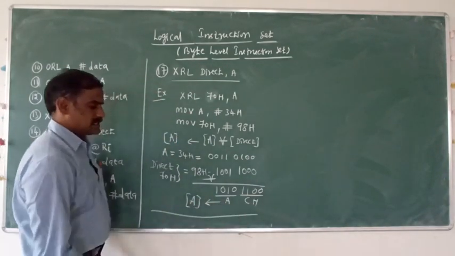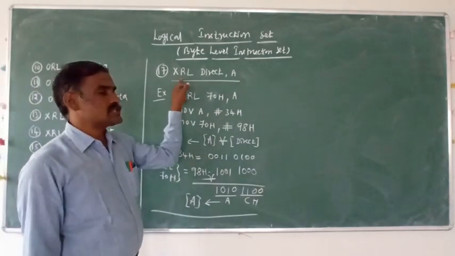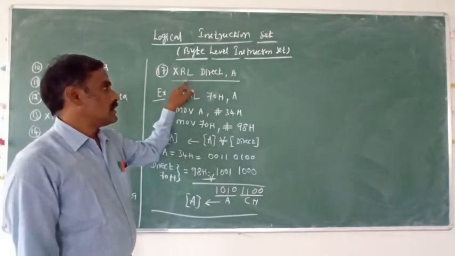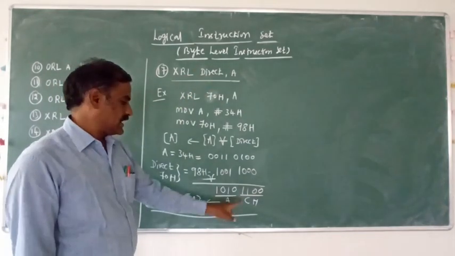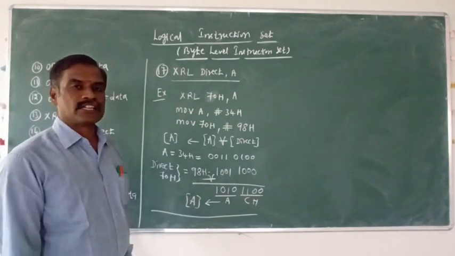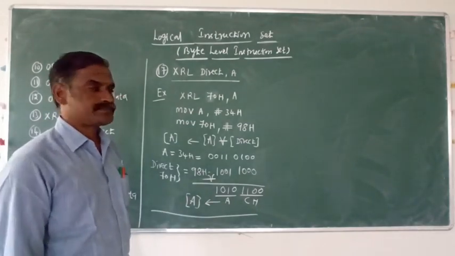This is the operation of exclusive OR of the direct memory address location data with the accumulator content, and the result moves to the A register itself.